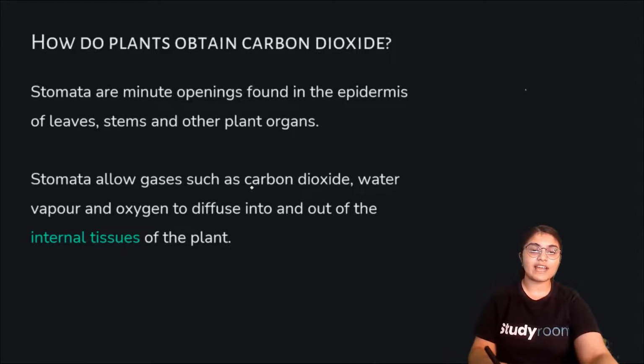And which gases? Carbon dioxide, water vapor, and oxygen. You need to remember the names of these gases. The exchange of gases takes place between the internal tissues of the plant and the environment through stomata.